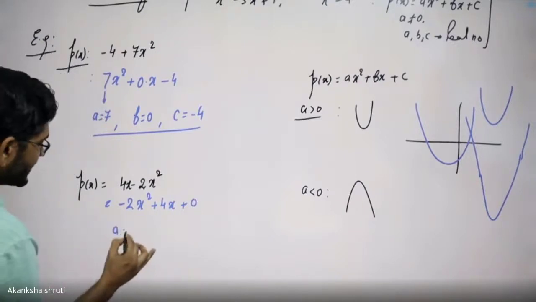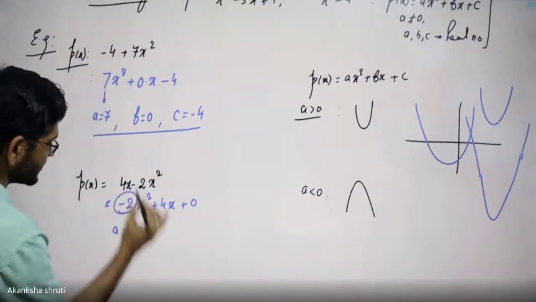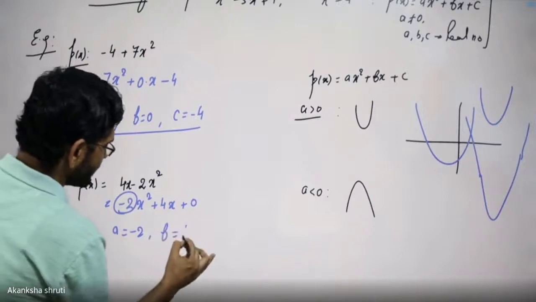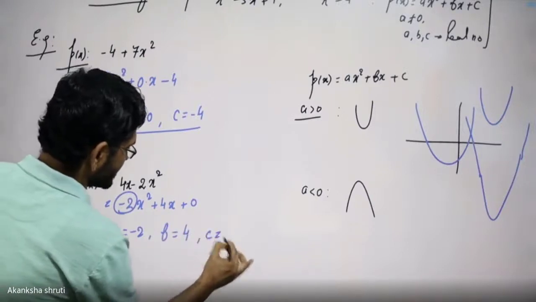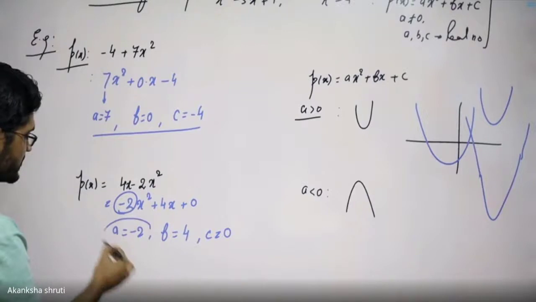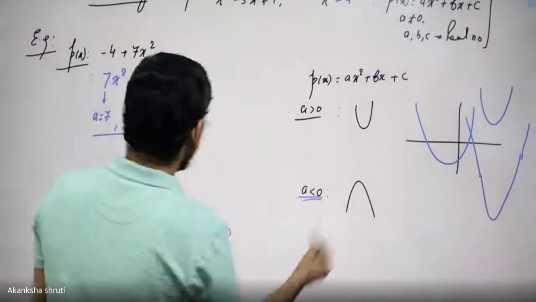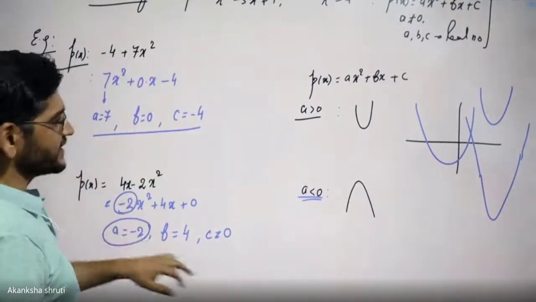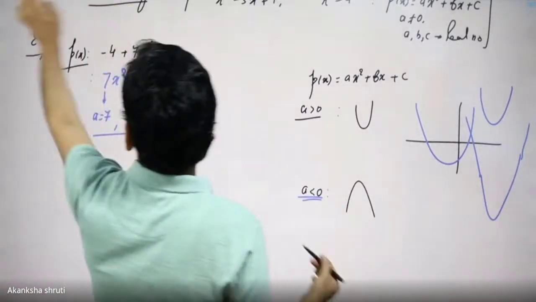Then here a is minus 2, b is 4 and c is 0. So if the equation is like this, its graph will open downward.